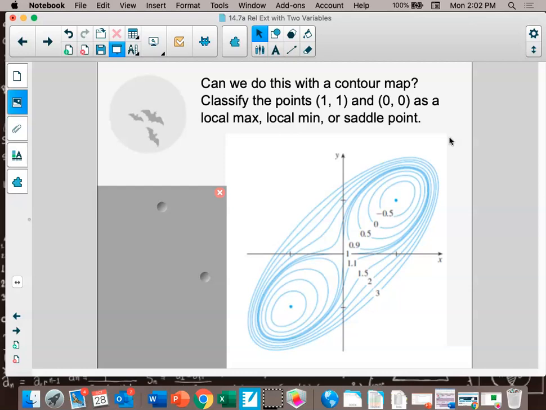Like a mountain. Yeah, call it saddle, because it's decreasing in this way. And then 1, 1 is a max. Think of it like a mountain.